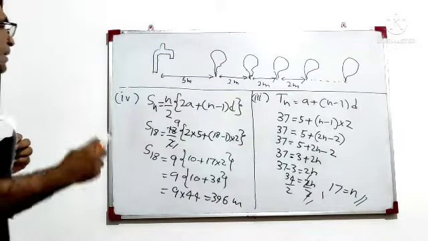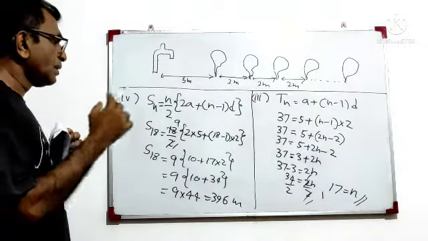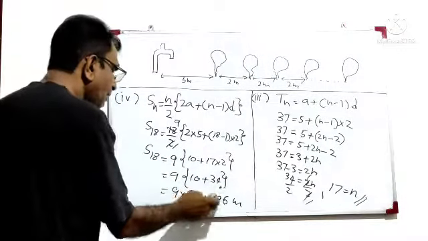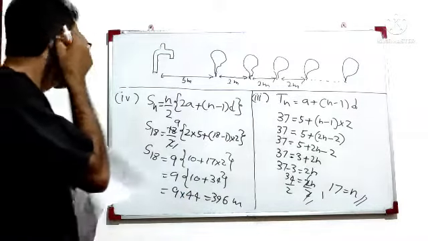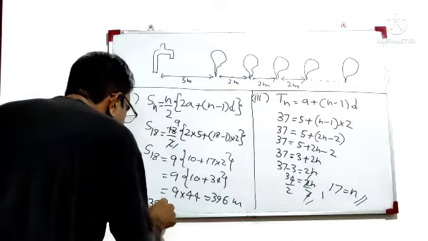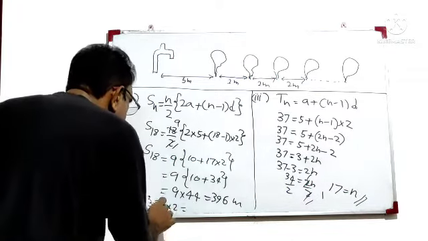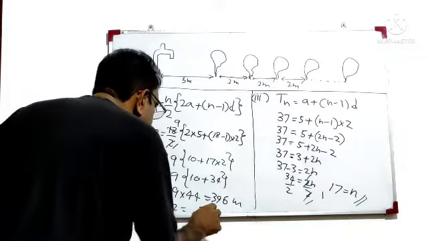Meters. But she walks 2 times. Therefore, we should multiply this value by 2. Then what is this? This should be the answer. 396 multiplied by 2. Then 2 times 6, 12.